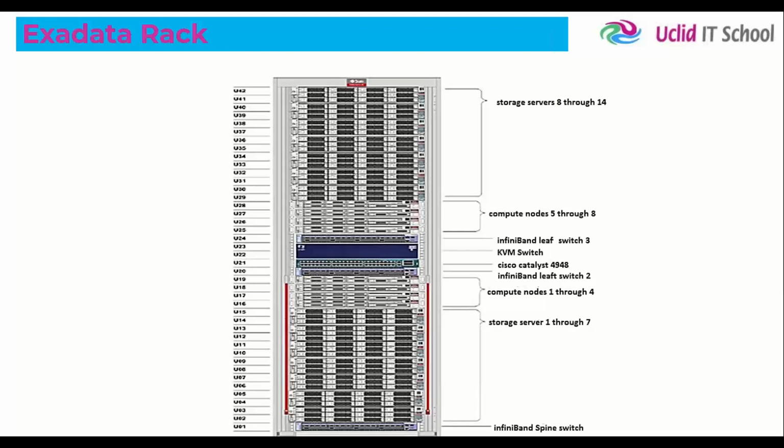All right, now you got some idea about the Exadata rack, how it looks and how big it is, and the component locations inside the rack. Now let us learn more about Exadata rack configurations. As I told you, if you want to purchase Exadata, Exadata is available in different configurations. So we call them Exadata rack configurations.